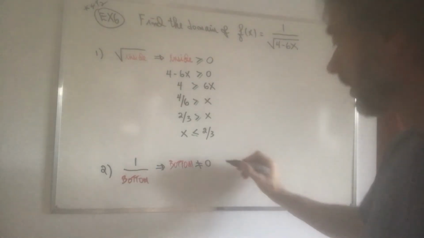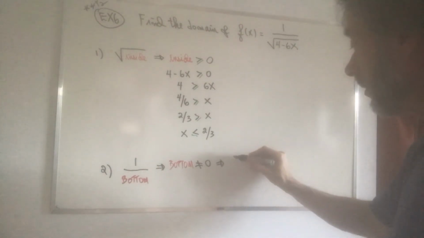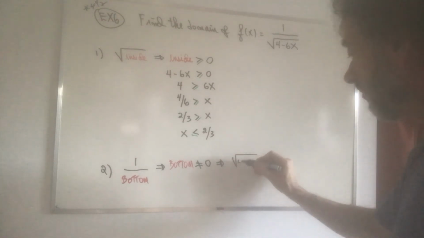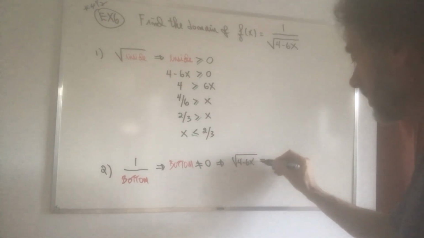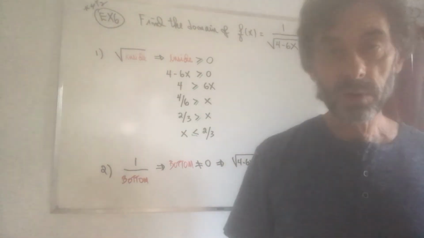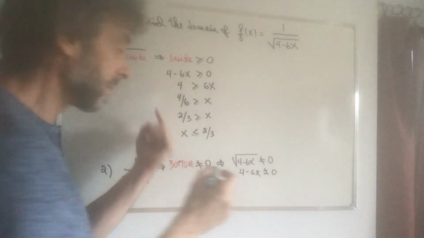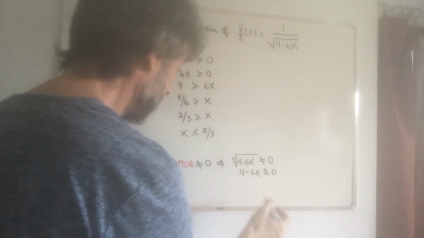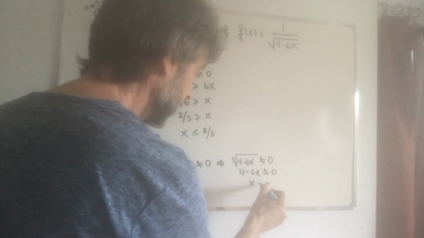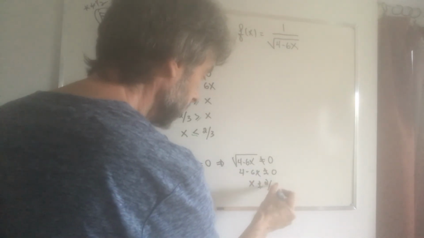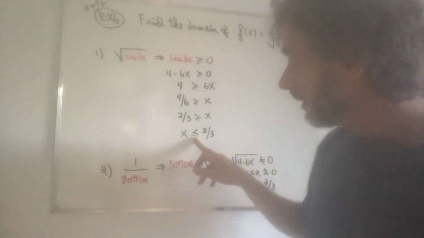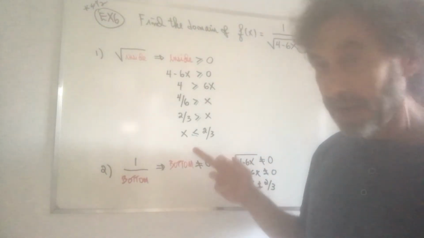So what does that mean? It means that the root of 4 minus 6x cannot be equal to 0. Squaring both sides, 4 minus 6x cannot be 0. And then the solving of this will resemble the solving of that. We're going to get that x is actually not equal to 2/3. Now what does that do? It actually wipes away the equality in my inequalities.